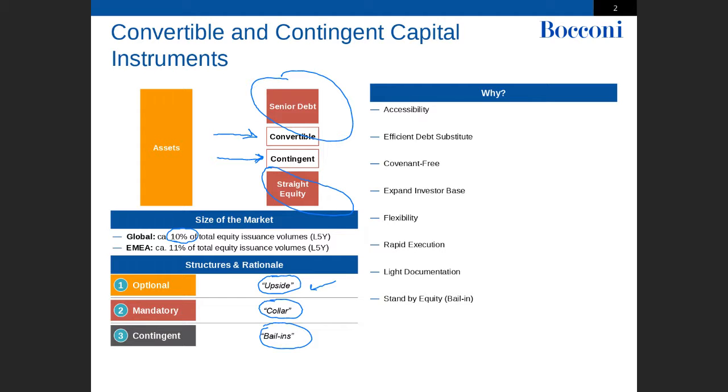For regulatory reasons, financial institutions especially are forced or requested to issue this contingent capital to provide a buffer for future crises, in order to provide additional equity in case of crisis. As a result, you buy this instrument to provide equity in the capital structure.